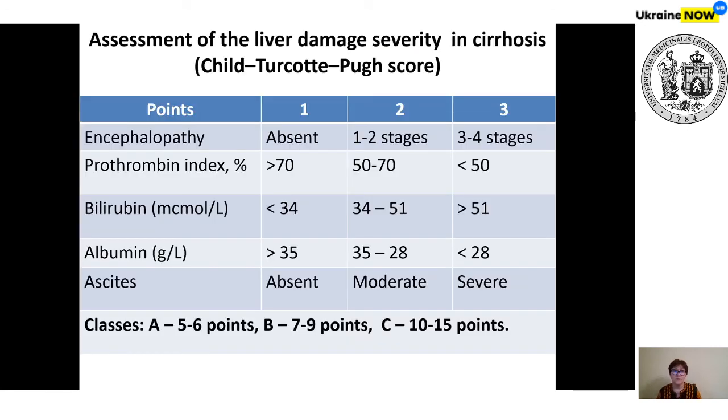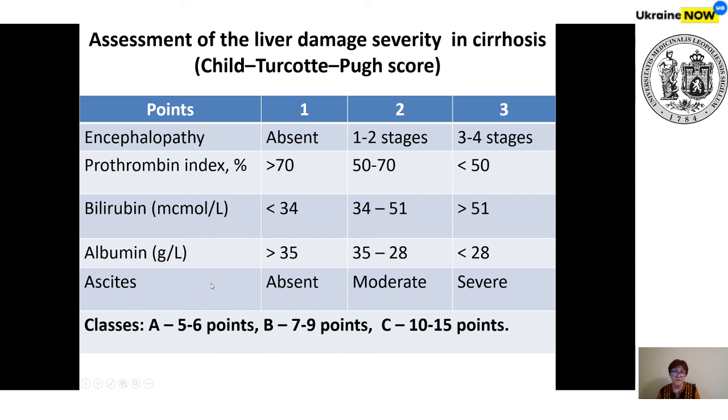For the assessment of liver damage severity in cirrhosis, mainly use Child-Turcotte-Pugh score. This scale scores encephalopathy severity, prothrombin index, bilirubin level, albumin level in plasma, and severity of ascites.